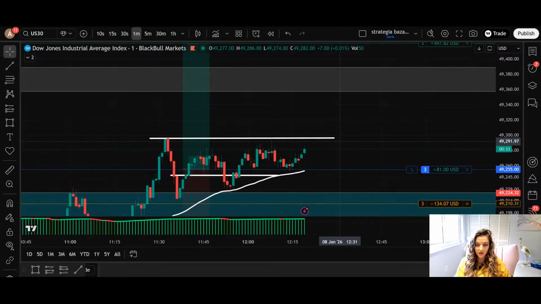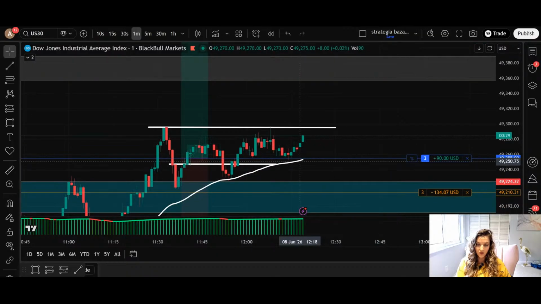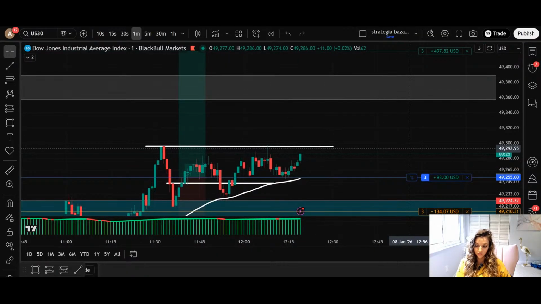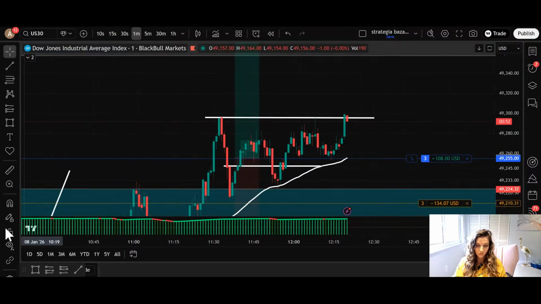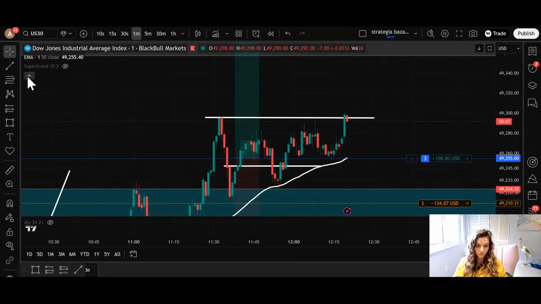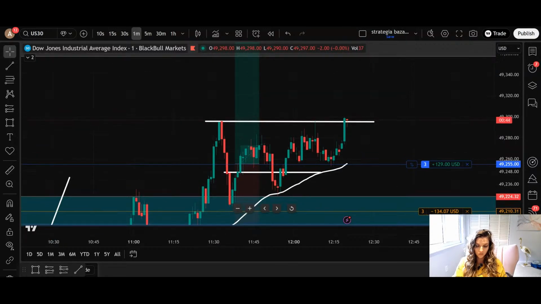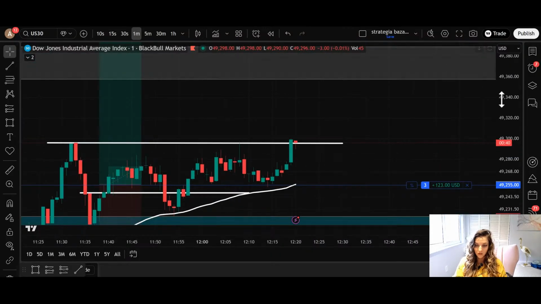You know, if it breaks this white line here, you can move your stop loss at break even and just let it go and don't risk nothing. Here we go, it wants to break.